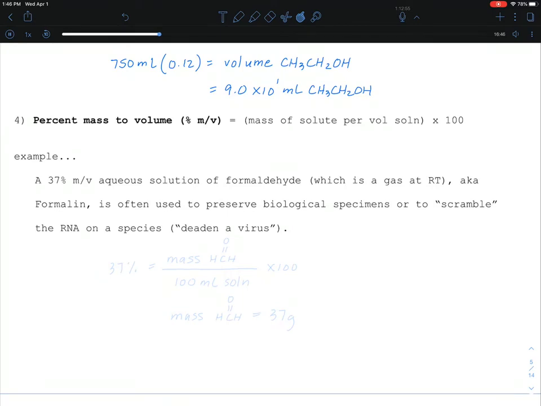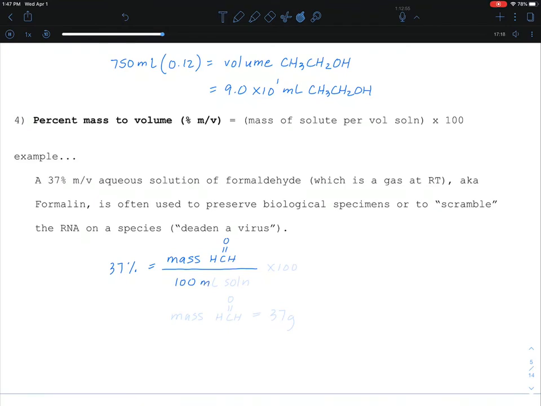So we typically have a 100 milliliter sample. If I write down that percent mass to volume, and I want to figure out what the mass of the formaldehyde is in the solution, and say we have 100 milliliters of it. I think in this problem I forgot to write down the volume of the solution. Imagine we have 100 milliliters.